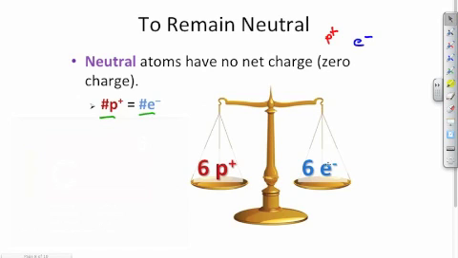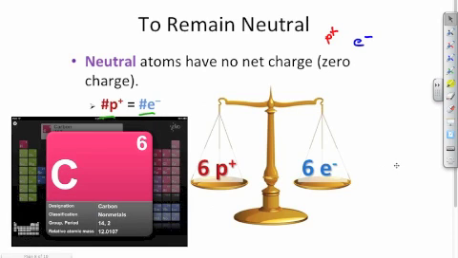Now, why do I know this is a carbon atom? Because there is only one element that has 6 protons. It's atoms that have 6 protons in the nucleus, and that's a carbon atom. And so here I have a block of carbon from the periodic table, and we can see here the atomic number is 6, and so I must have 6 protons.